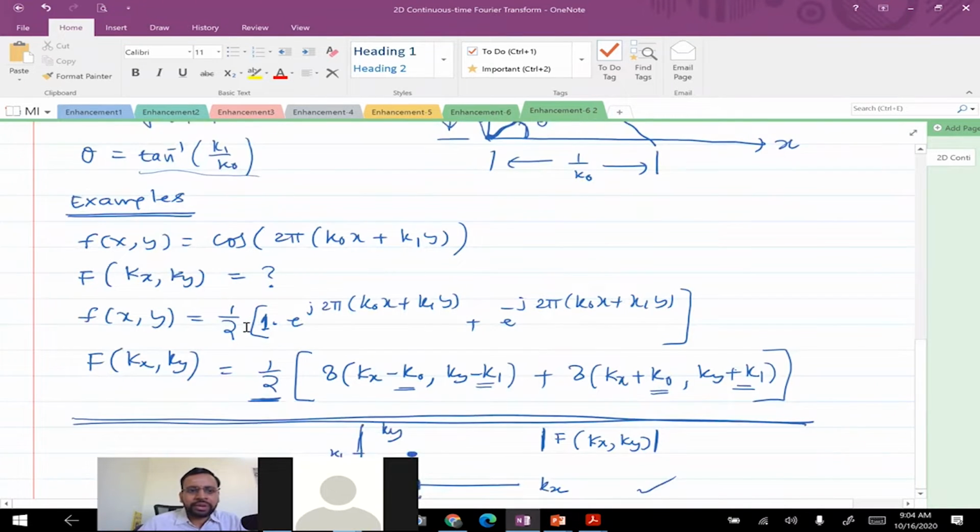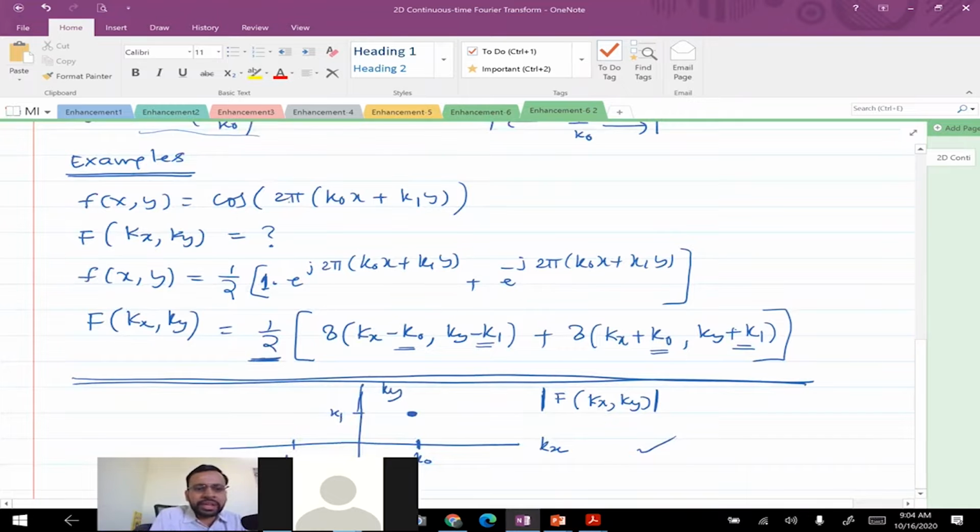Then what we have done is we took this function in the spatial domain and tried to figure out its frequency domain response, or what is its F of kx comma ky. That's what we did in the recorded video lecture. F of xy is equal to half of this. First we represent this in terms of complex exponentials, and we already know that for one it is delta of kx comma ky.